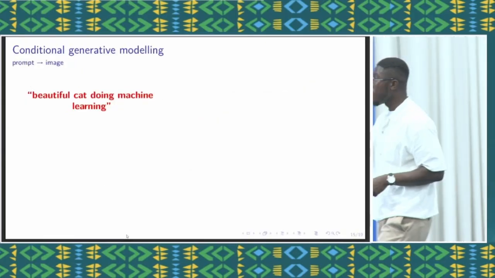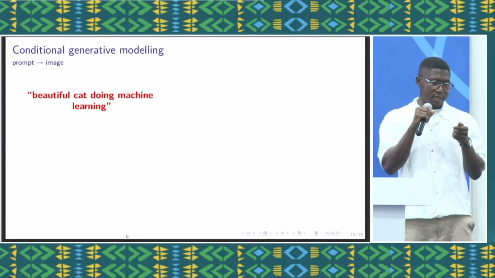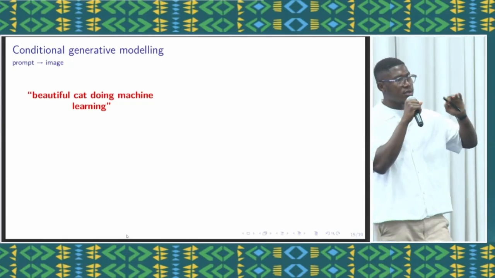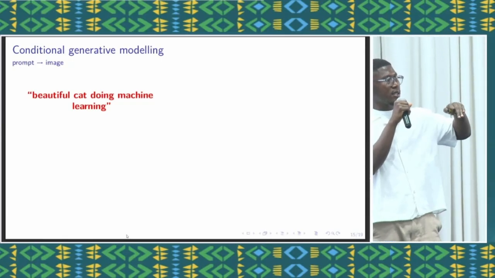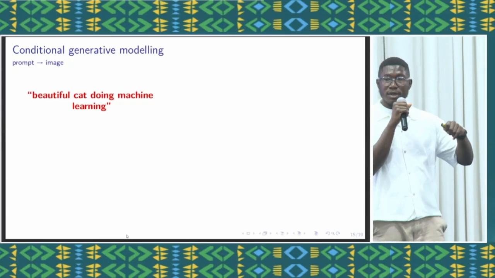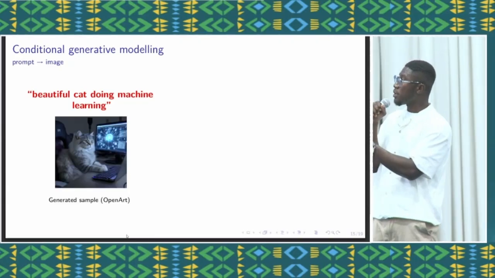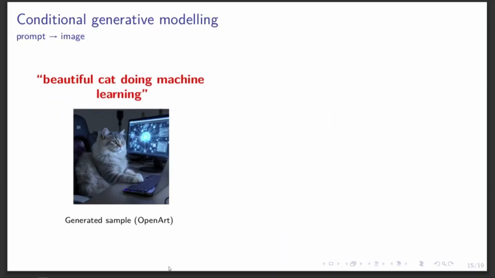So the second part. I just showed how we can model a data distribution. But today, if we go on the internet, there are websites where you can write what they call a prompt, a phrase like "beautiful cat doing machine learning", and it can generate an image. So how do we train this kind of model?